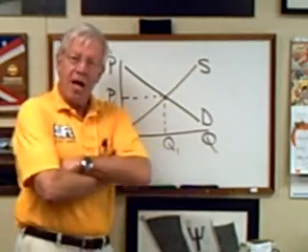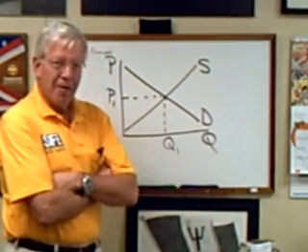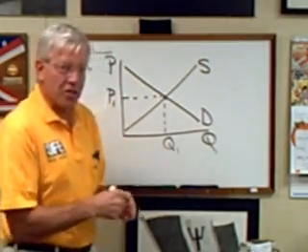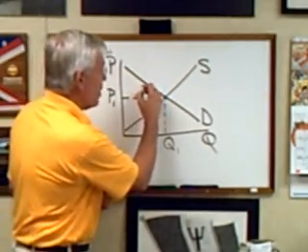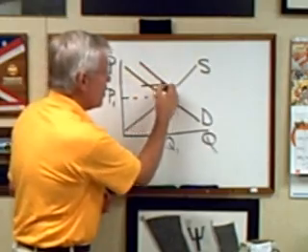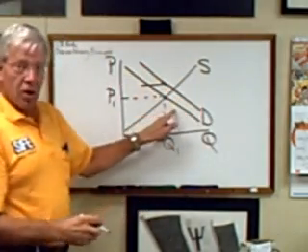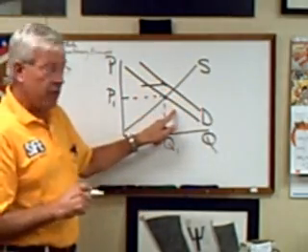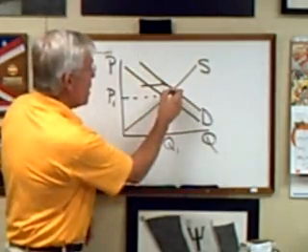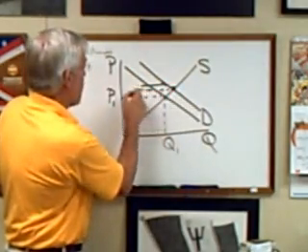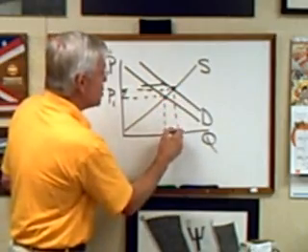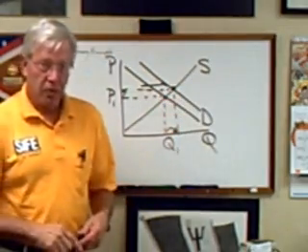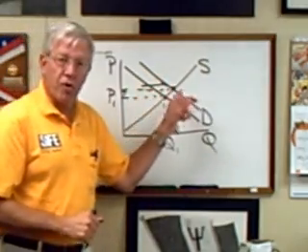So what do you think is going to happen to that good? The demand is going to increase, and we represent an increase in demand by shifting the entire demand curve to the left. Now, notice, if this is a competitive good, this shift in demand will move the price up, and it will also increase the quantity. Okay? And that's what we have for a demand shifter.